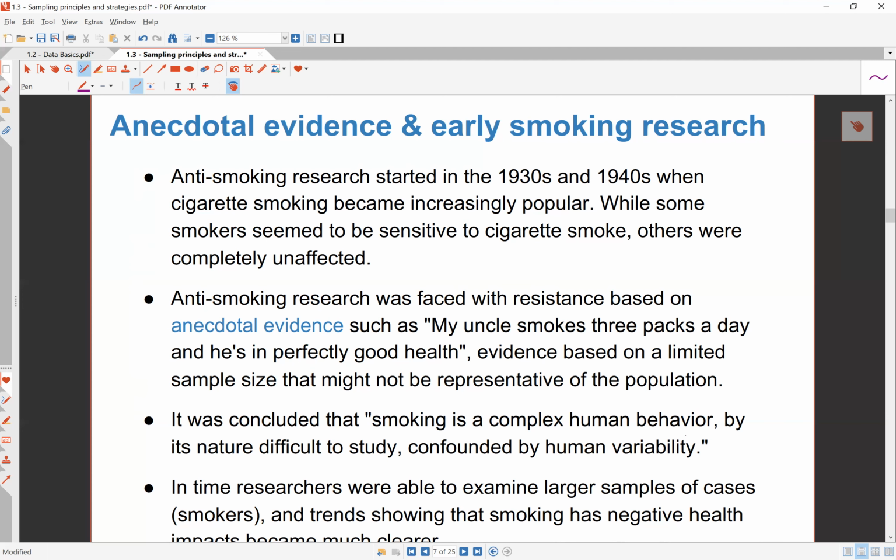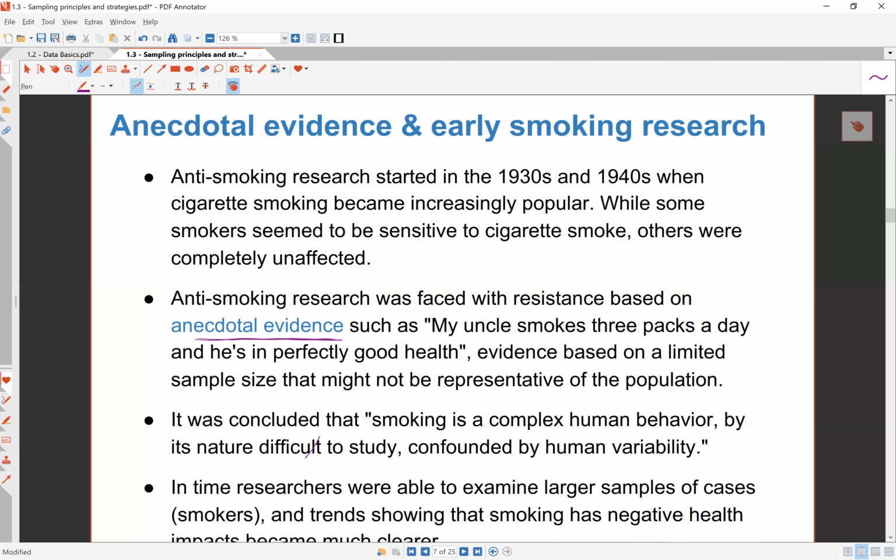Then, in light of people trying to do the smoking research, there was big pushback. People would make statements such as, oh, I have a family member who smokes 5 packs of cigarettes a day, and he is in perfect health. Well, this is an example of anecdotal evidence, right? It's not collected through any scientific process.